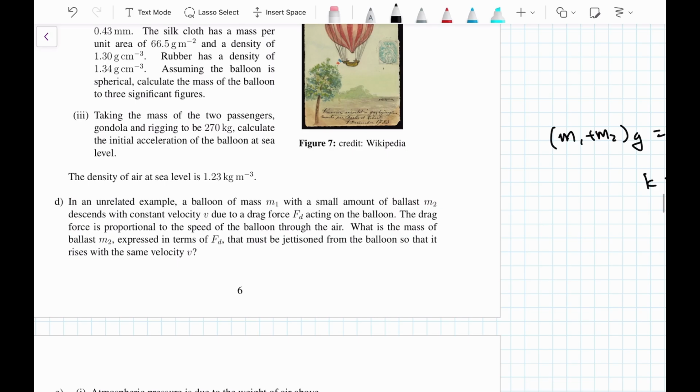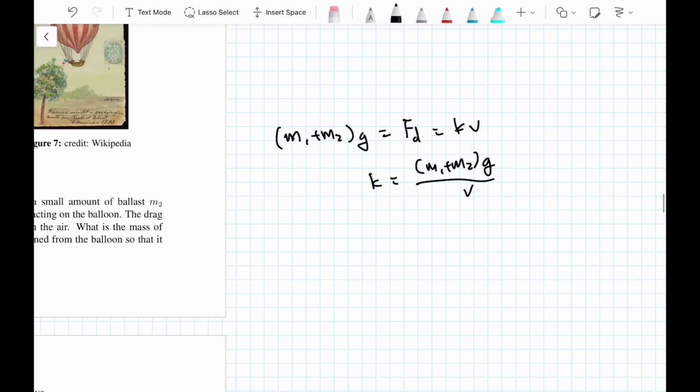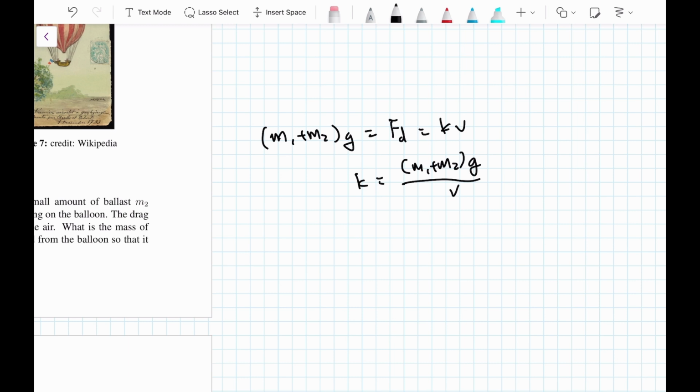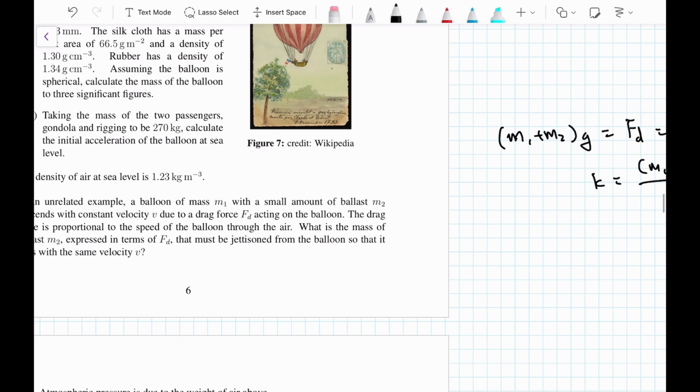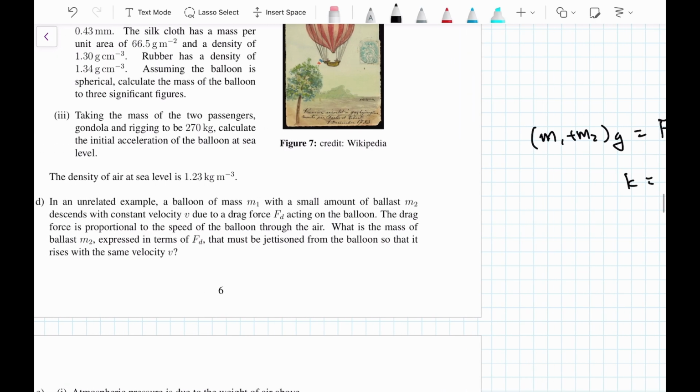So then it says the mass m2 is ejected from the balloon such that it rises with the same velocity v. Okay, so then what happens is that we want the mass of the ballast m2 expressed in terms of Fd.